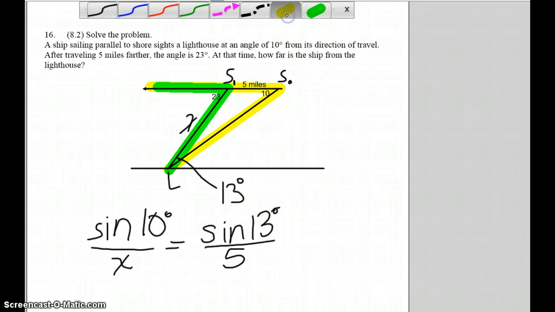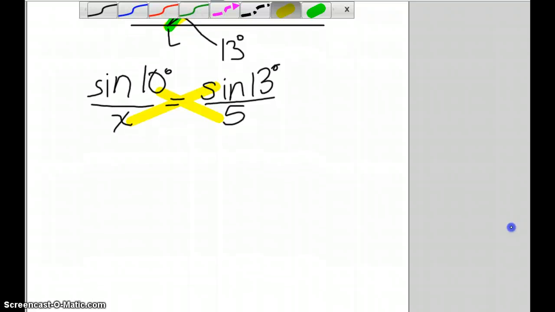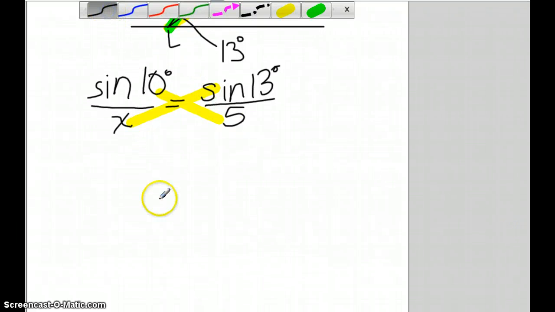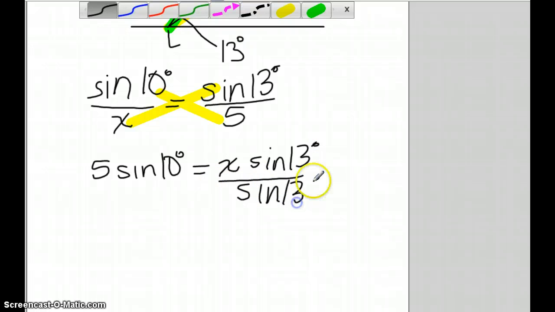And we can use cross multiplication, so 5 times the sine of 10 and sine of 13 times x, in order to find the value for x. So I end up with 5 sine 10 degrees equals x sine 13 degrees, and to solve for x, I can divide both sides by the sine of 13 degrees.